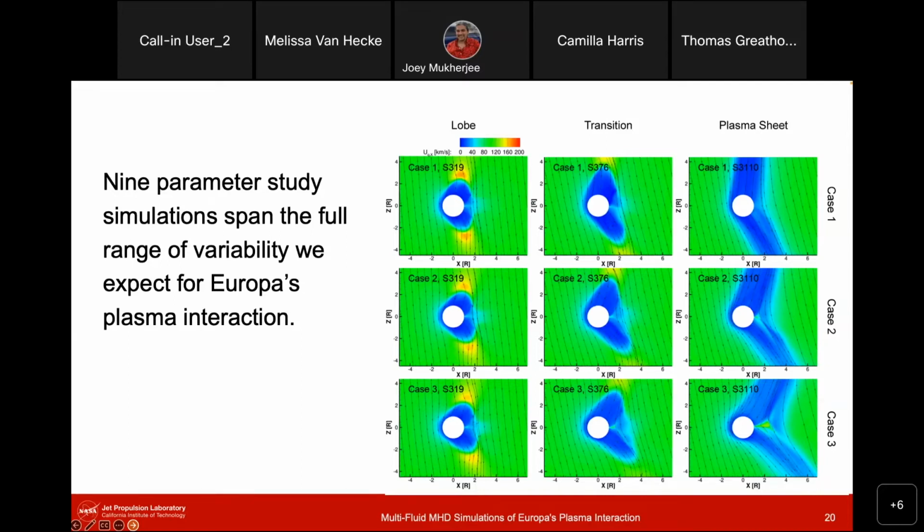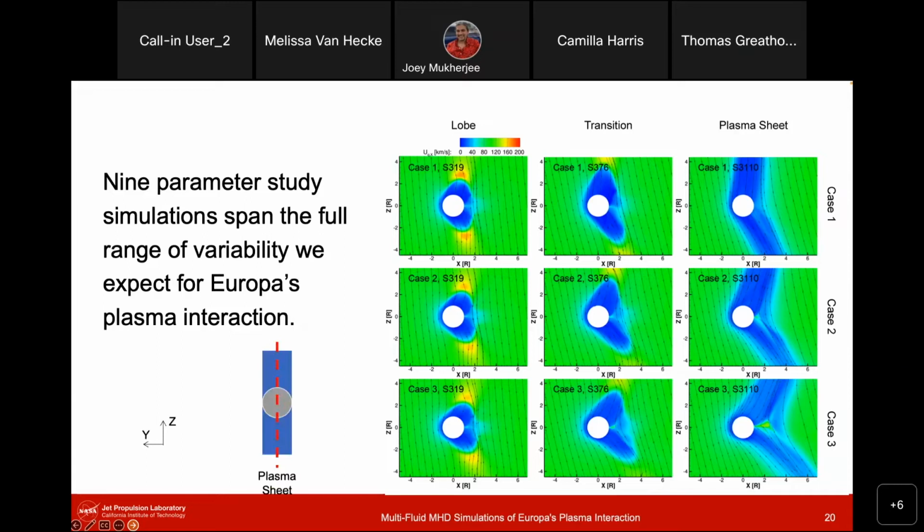Each column is showing Europa at a different location in the magnetosphere. On the right, we have Europa when it's at the center of the plasma sheet, and on the left, we have Europa when it's at its furthest excursion from that equator in the center of the plasma sheet. And then each row is showing the different cases for the state of the magnetosphere, where case 1 is the low density case, and case 3 is the high density case.